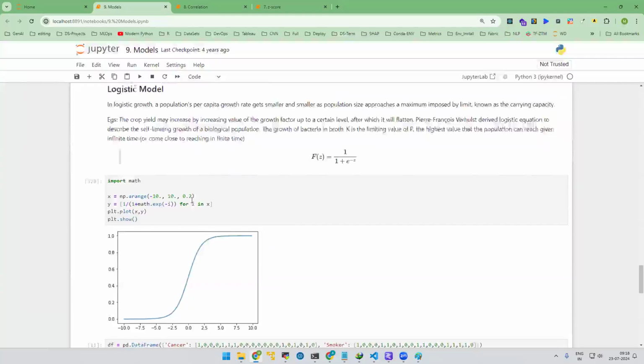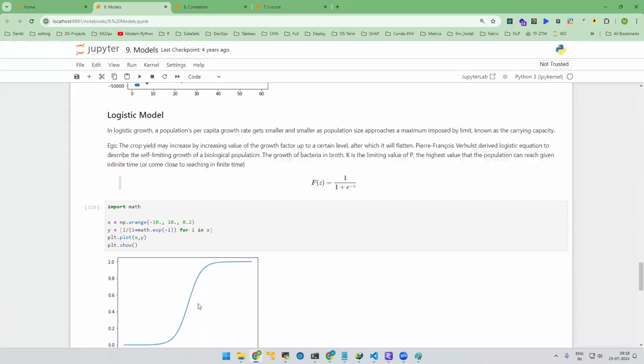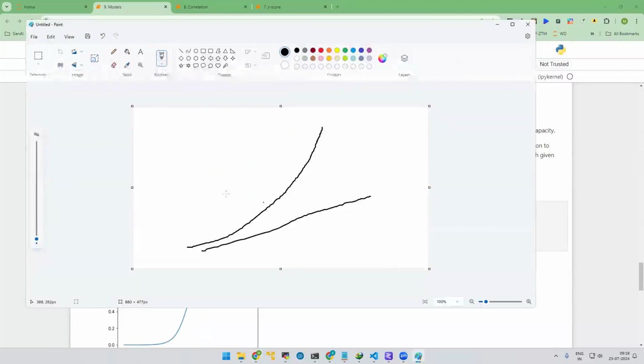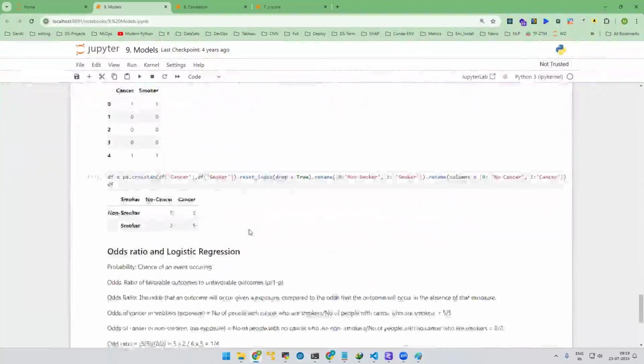Basically, we use a logistic model for classification problems. They will have some threshold. Anything that is above this one is going to be B class, and anything that is below is going to be A class. This is one of the models, the logistic model.